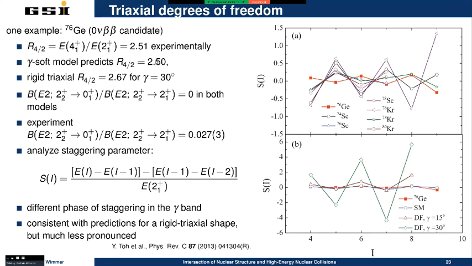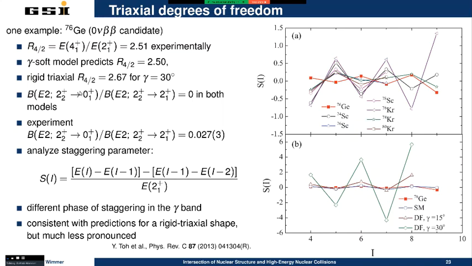This gamma soft model predicts 2.5, and a rigid triaxial one predicts for maximum triaxiality 2.67. So experimentally, it's not so easy to distinguish between those two, because we probably know that it's neither of them. These are just two extreme limits of triaxial models.